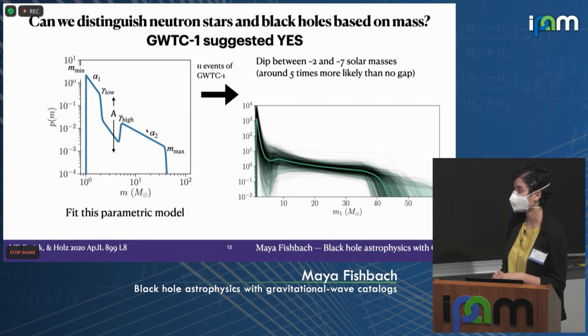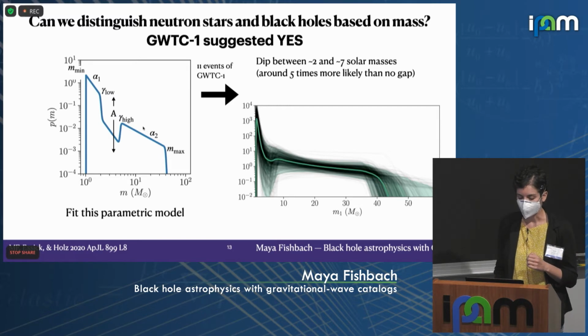So just from the first gravitational wave catalog, which included 11 events, we could say that, yes, there was some feature. And what we did was we fit this parametric model where we said, OK, we're looking for a feature that looks like this. It's kind of this dip with some height that starts at gamma low and ends at gamma high.